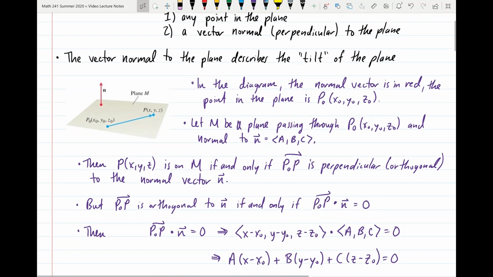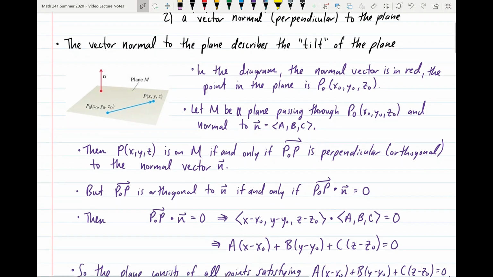So look down at the diagram that I have taken from the book here. The normal vector is the vector in red, and the plane is the kind of grayish rectangle. So notice that the normal vector is coming out of the plane, directly out of the plane. And we also have some arbitrary point inside of our plane, which is denoted P0.